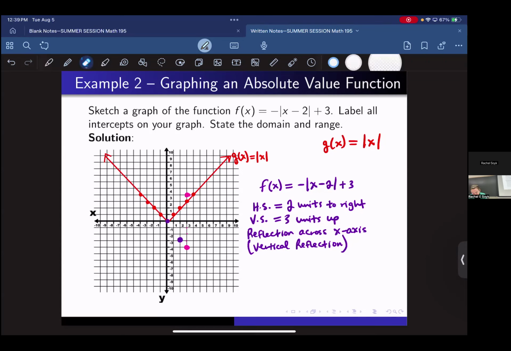Once you get the vertex in and you know that your absolute value is now going to be an upside down V since of that vertical reflection, then it's pretty straightforward to just sketch out the other points because it's just going in that diagonal format. And then you can connect the dots. That's it. Don't forget to write out and label your function.